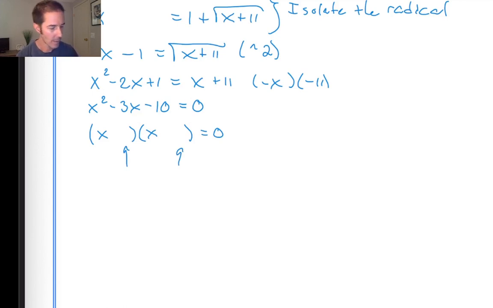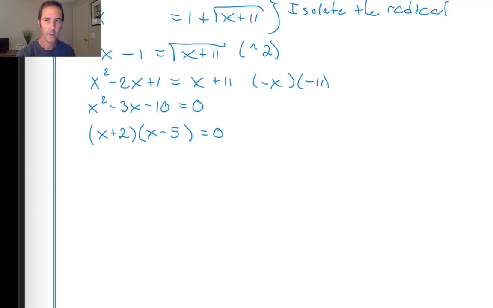So I need a 1 and a 10 there, or a 10 and a 1, -10, +1, -1, +10. Also 2 and 5 need to be considered. And I'm going to consider the 2 and the 5 because they're only 3 units apart. And I need these numbers to add to -3. So I'm going with the 2 and the 5. And I know that +2 plus -5 equals -3, which is my b value.